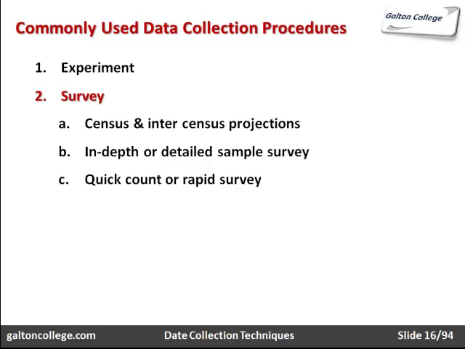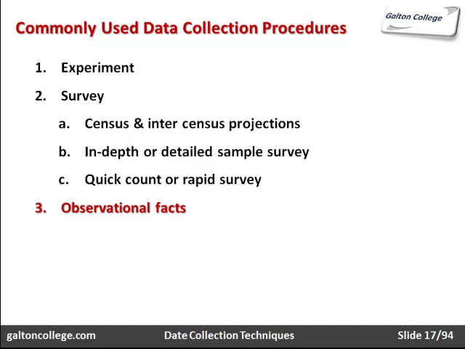Or it could be just a quick one, a quick count of a quick sample, just to give a snapshot of what's happening. So looking at output in a business, they may decide just to pick every 20th item and just have a quick look at it and make sure it's okay. So that's possible.